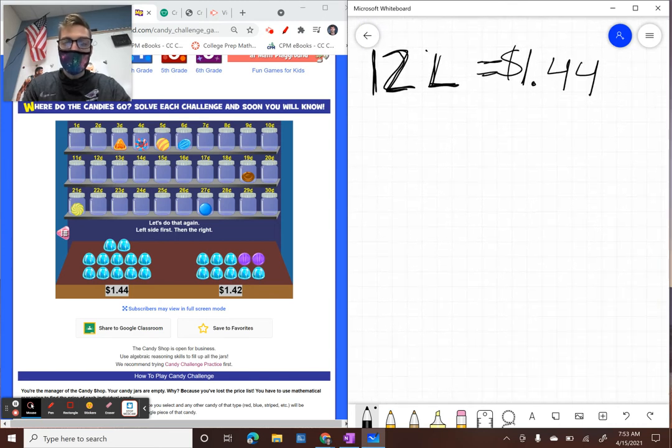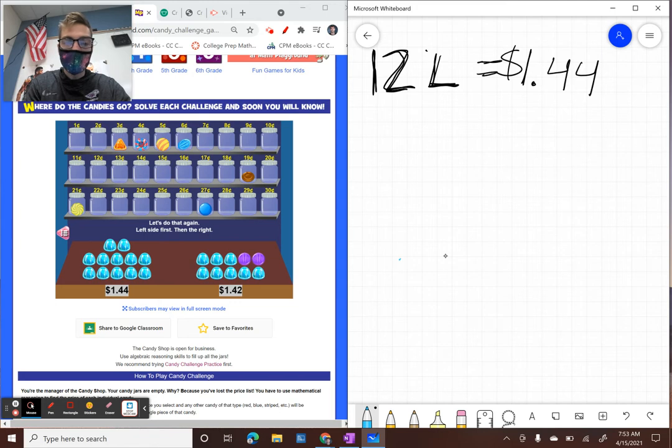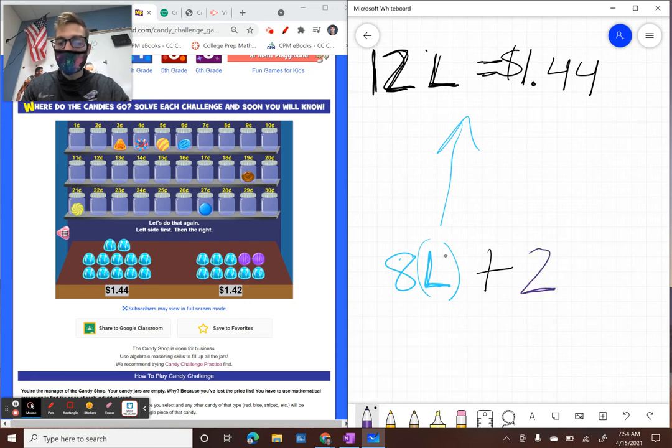And then on the right side, we're going to take the number of blue candies we have, which is 1, 2, 3, 4, 5, 6, 7, 8 blue candies. Multiply it by whatever the cost is of those blue candies, which we'll figure out up here. And then we're going to have to add that with the cost of the purple candies, and we're using the variable P to represent purple candy cost.